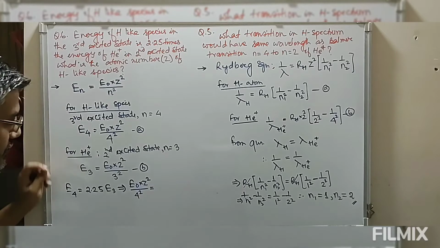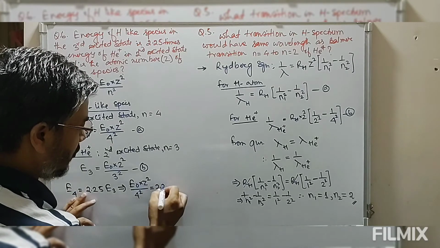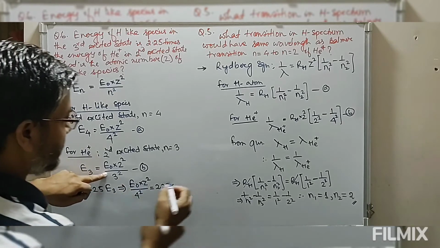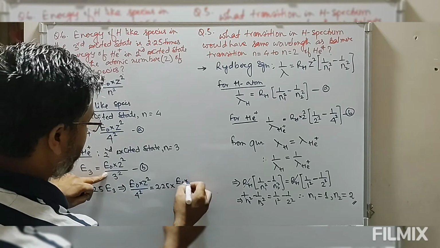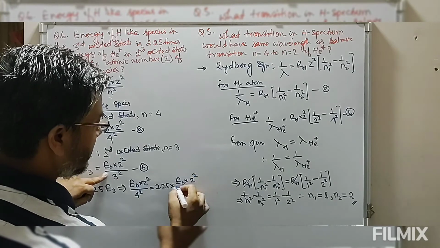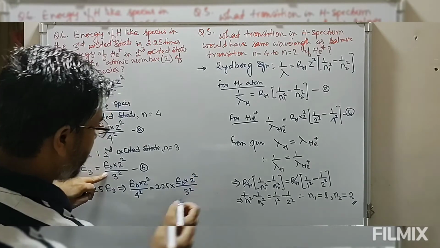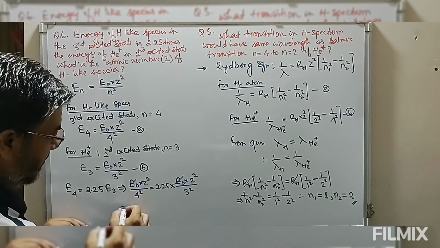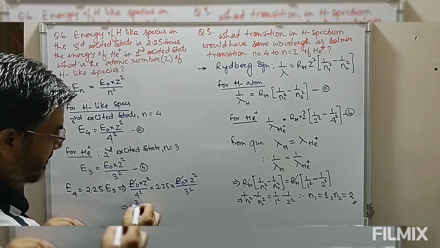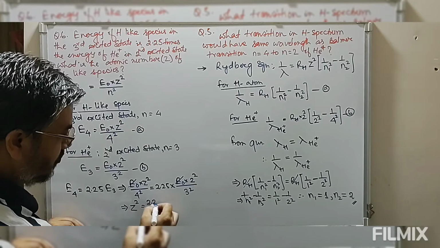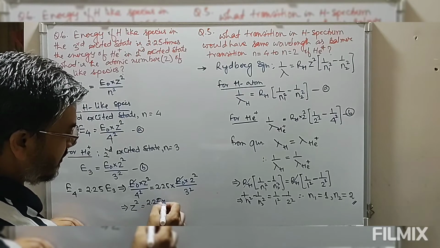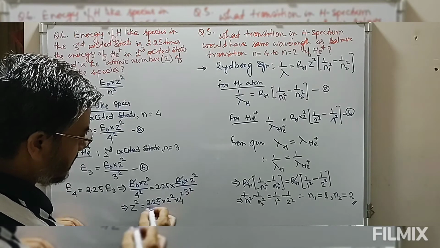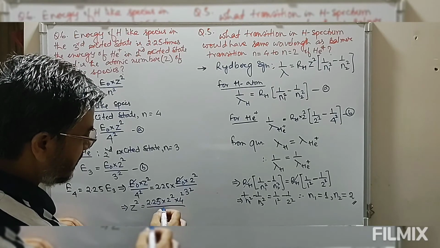This value is equal to 2.25 into E3, and E3 is E naught into 2 square divided by 3 square. Now E naught will cancel out. Now we have to find the value of Z. So Z square is equal to 2.25 into 2 square into 4 square divided by 3 square.